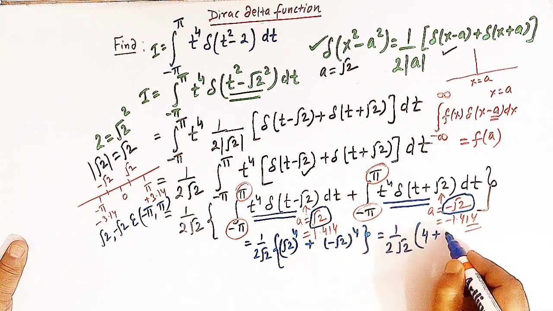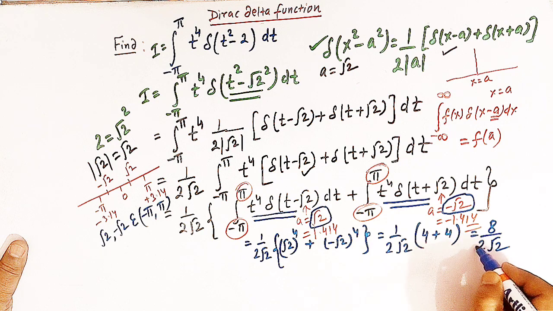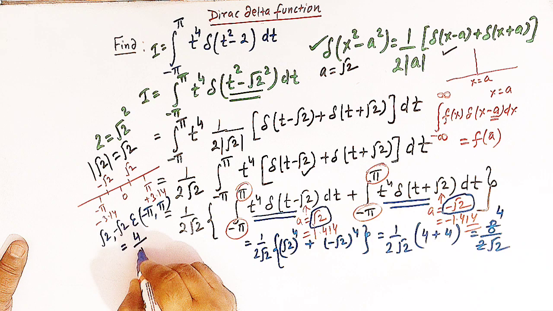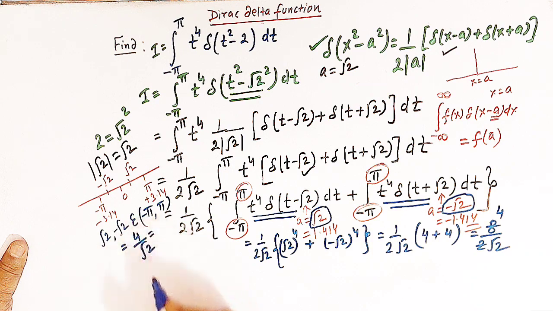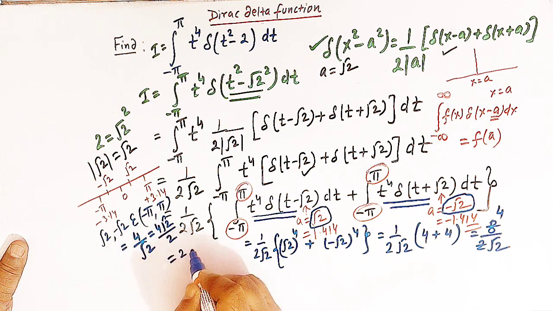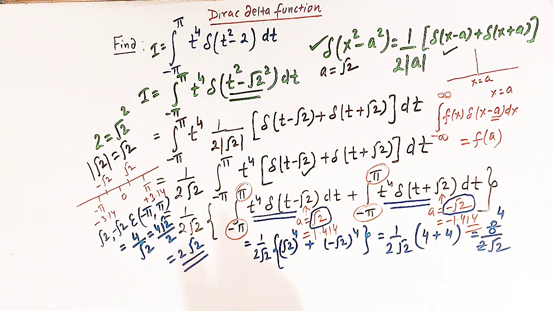And here also we have 4, so this is 8 over 2 times square root of 2. So this is 4 over square root of 2, and rationalizing the numerator and denominator, we have 4 root 2 over 2, so this is 2 times square root of 2, right? So viewers, the value of this integral is given by 2 times square root of 2.